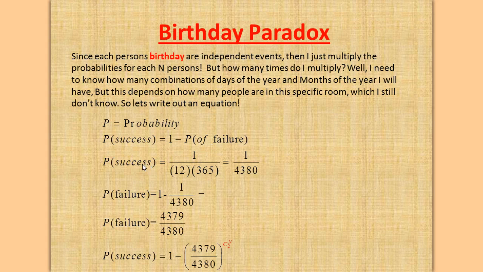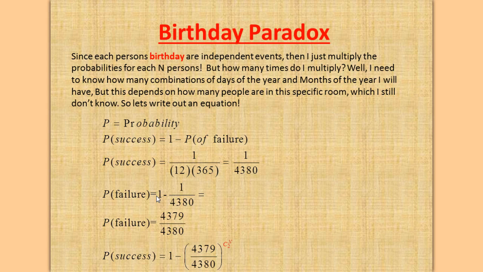So the probability of success is 1 divided by 12 times 365, which is 4380. Okay. So the probability of failure is just 1 minus 1 over 4380, which is 4379. Last time, what we did was the probability of success was 1 over 365.